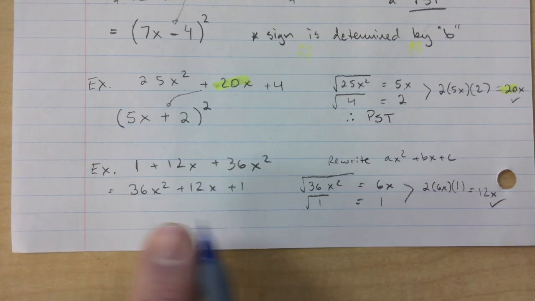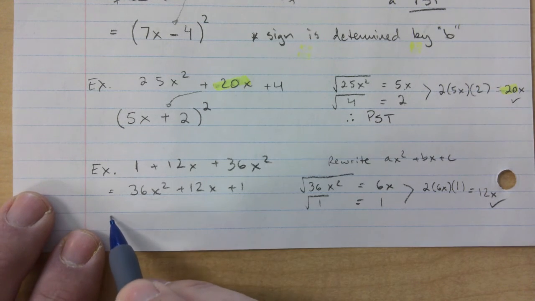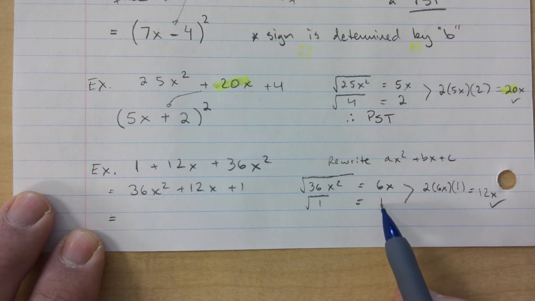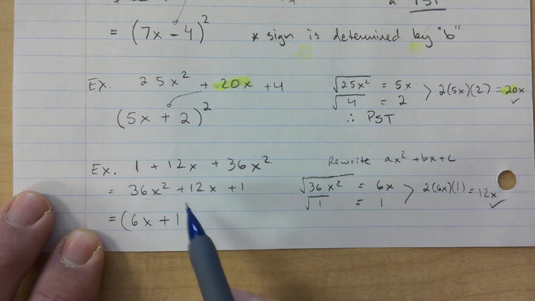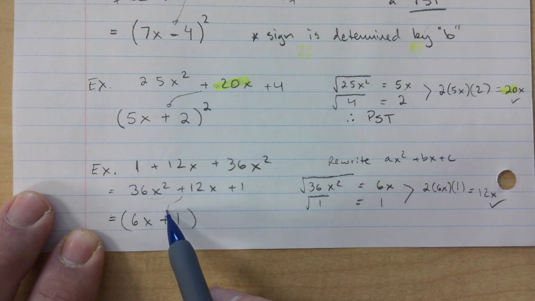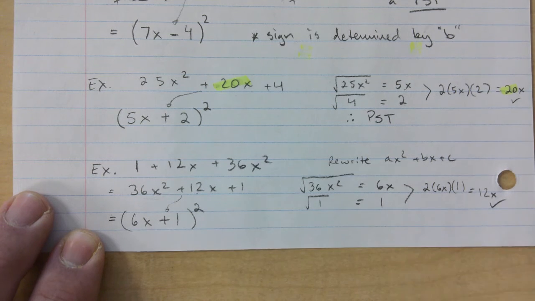If it doesn't, this is not a PST, abort, retreat. And so we just use these two, 6x plus 1. Why plus, Mr. Dirksen? Because that second term decided that, and we go squared like that.